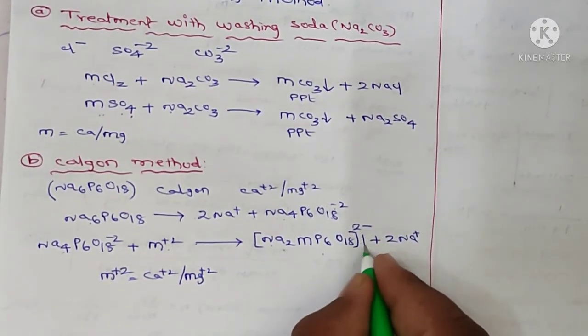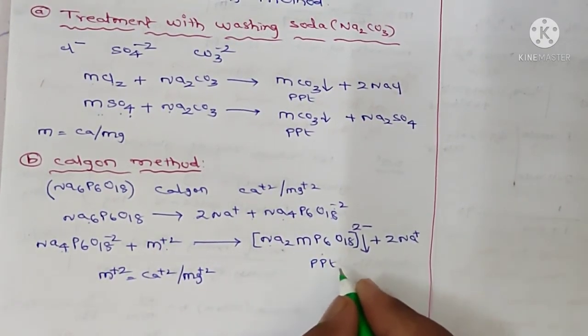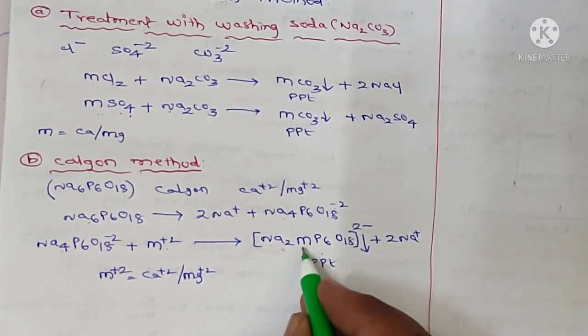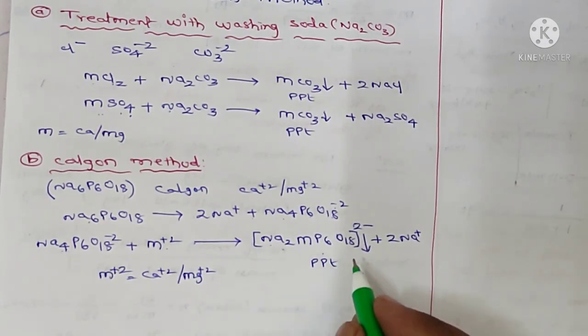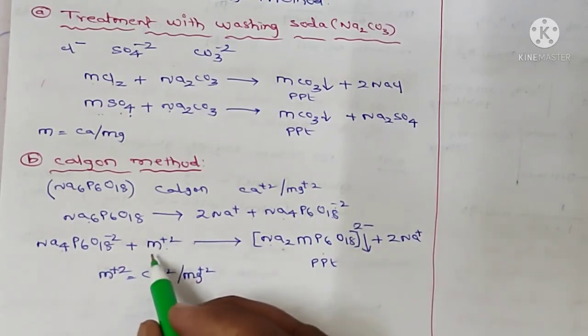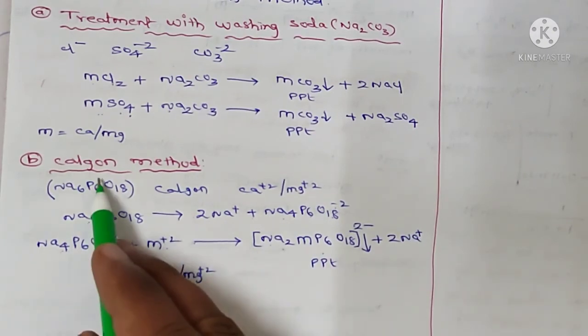So this complex is a PPT. So this PPT is removed by the filtration. Now in that water we don't have calcium plus 2 or magnesium plus 2 ions. Then that water is called soft water. So here the hard water is converted into soft water by adding the calgon.